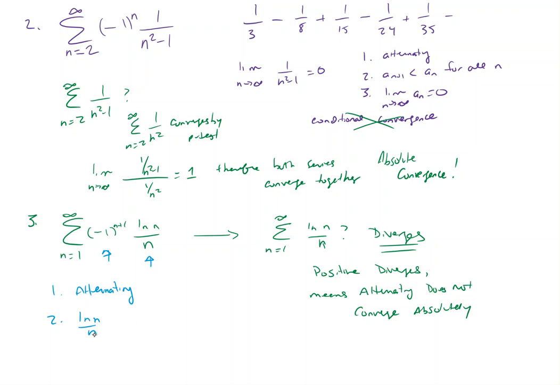How n is getting larger faster than ln of n. So we could start thinking about ln of 2 over 2 and then ln of 3 over 3. And we know that the numerator is getting larger at a slower pace than the denominator. So yeah, it actually is getting smaller each term because the ln of n is not growing as fast as the denominator. So therefore, yeah, it's getting smaller every term.